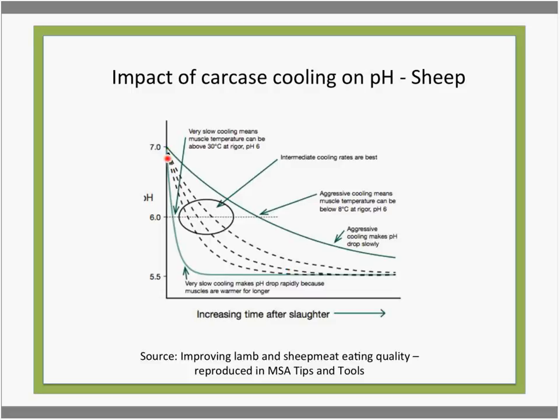If you've got a quick decline line, hitting your pH at a higher temperature, you end up with the heat shortening effect, whereas if you end up with a lower decline and a low pH, you'll end up with that cold shortening effect and a high pH overall.